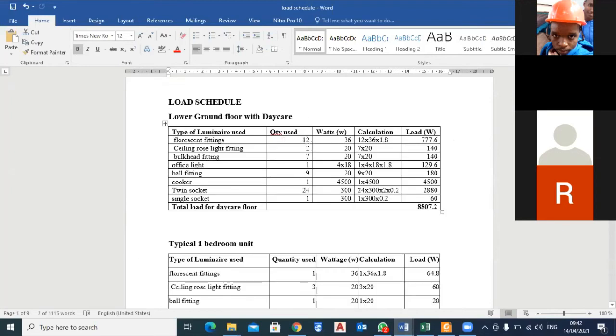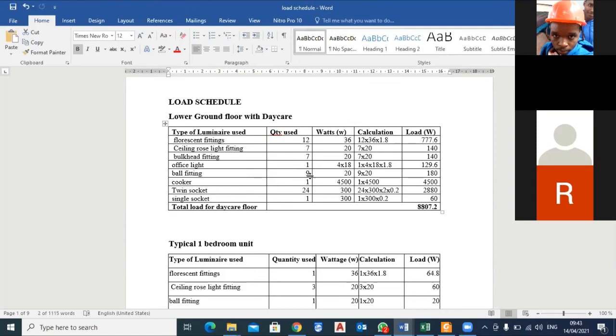We have 12, 7, 7, and 7, 7, and 1 and 9. If you add those powers, how much do they come to?